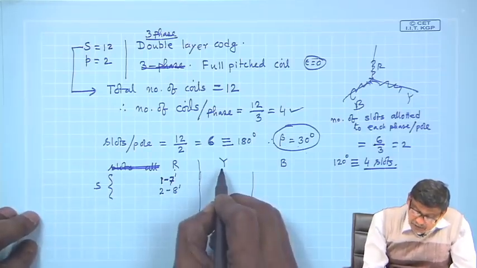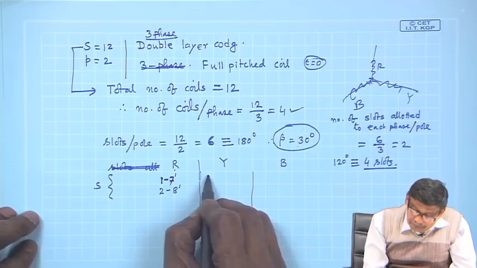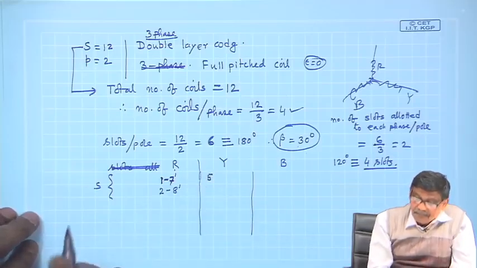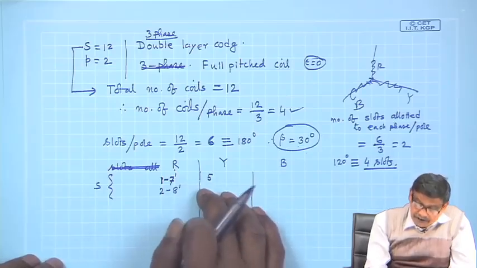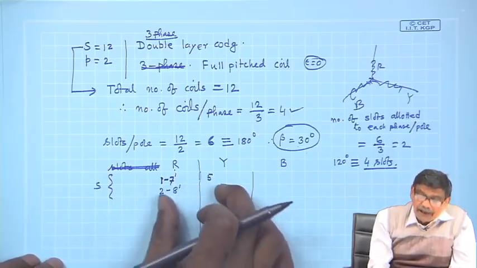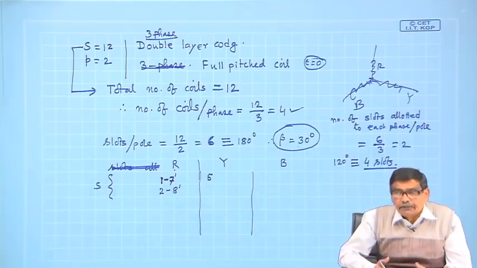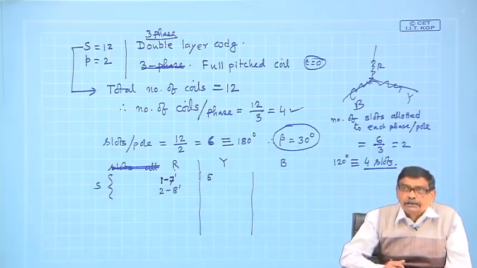Its first coil starts from 5, but the coil span is the same no matter whether it is R phase, Y phase or B phase, as I want to make a symmetrical 3 phase winding.